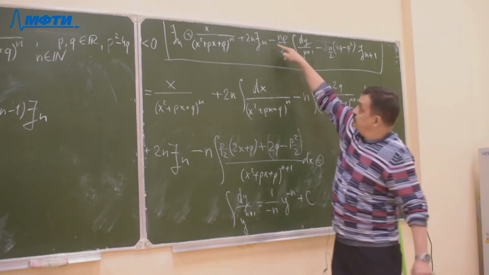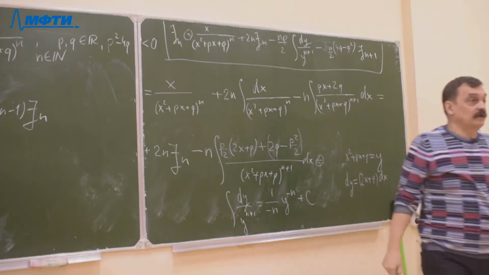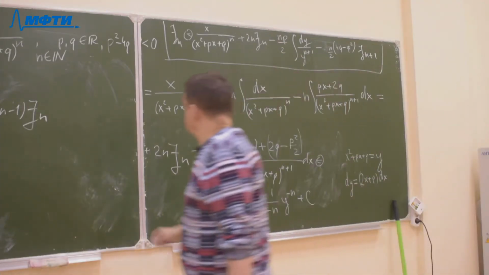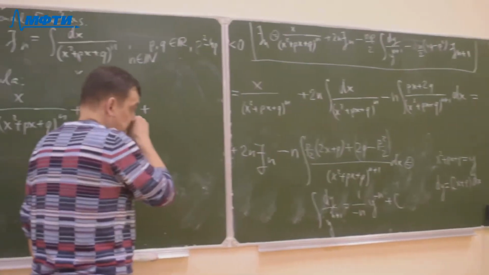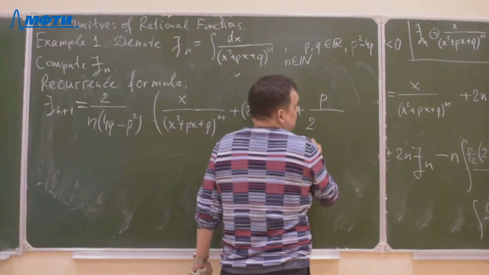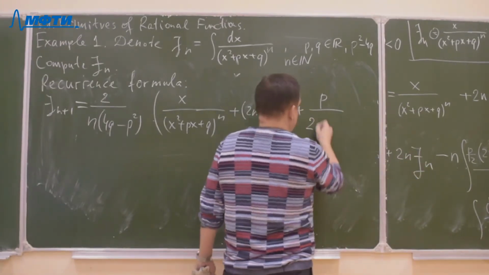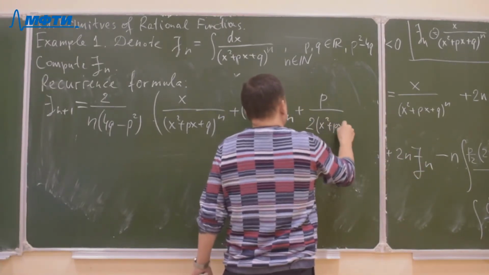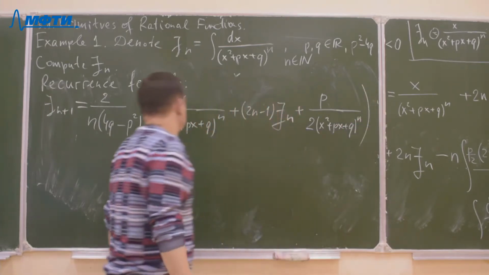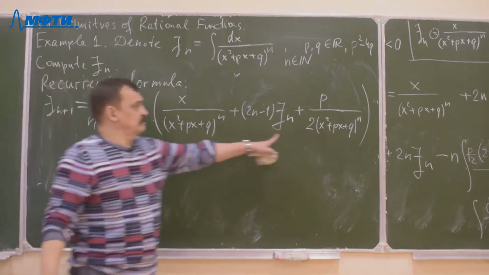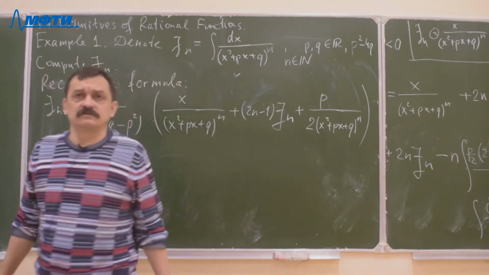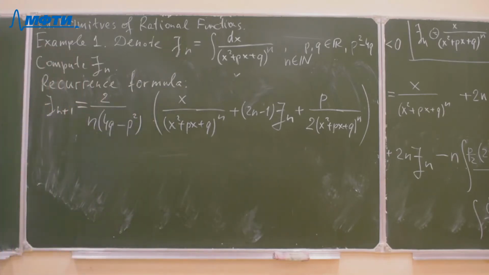So we cancel with this minus n, right? And what remains, let me write it here, plus p over 2 times 1 over y to the power n, (x squared plus px plus q) to the power n. That is the formula. Of course, we can write together those two terms, but it's not so important, right?